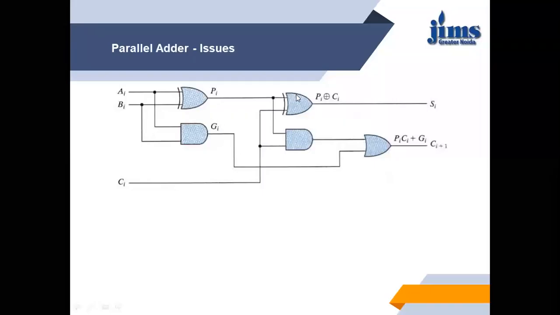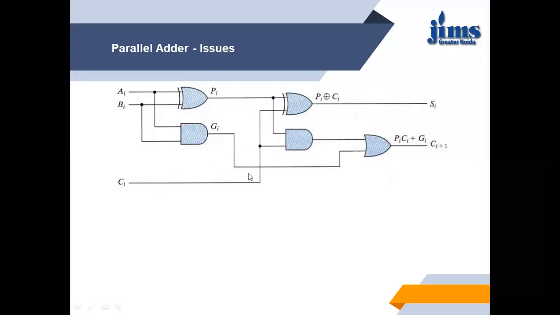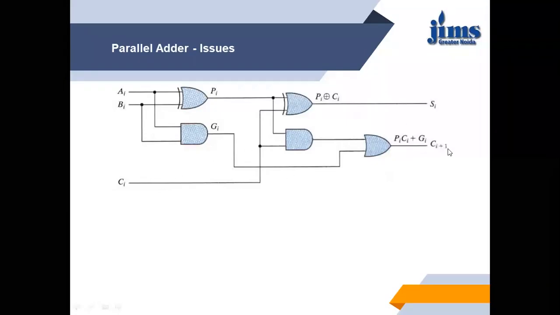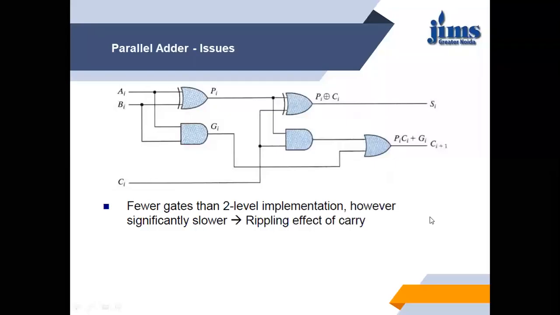The output of the next gate will be Pi XOR Ci, where Ci comes as the carry input, and Ci+1, the next carry, will be Pi Ci or Gi. Let us discuss this mathematically.